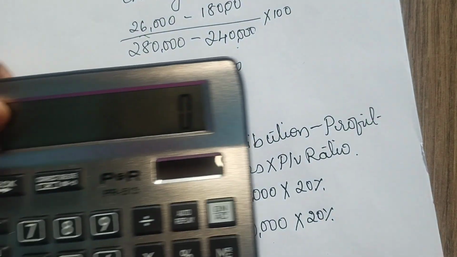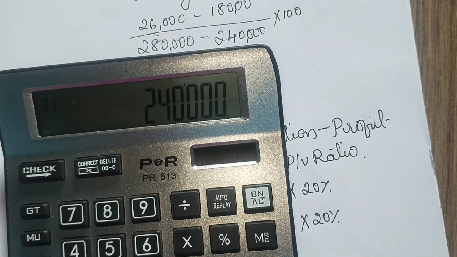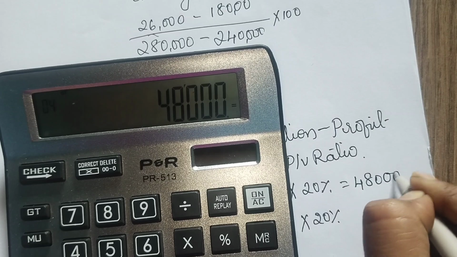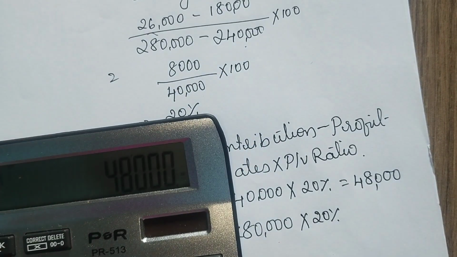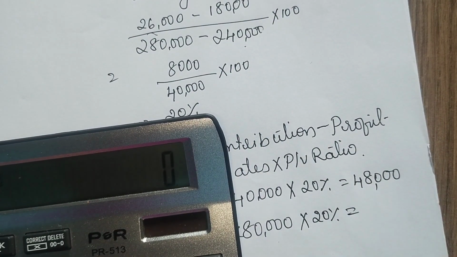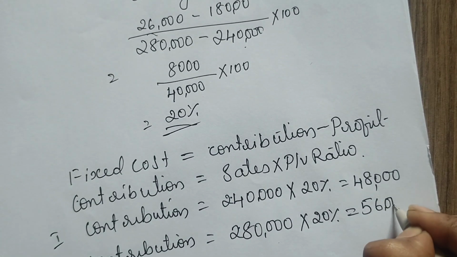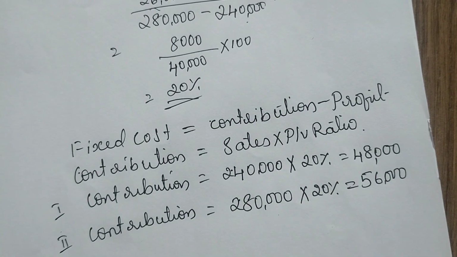Let us calculate. 2,40,000 into 20 by 100 is 48,000 contribution. Second year contribution is 2,80,000 into 20 by 100, 56,000.